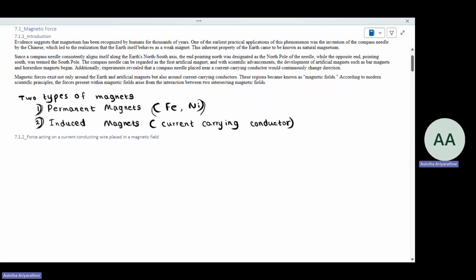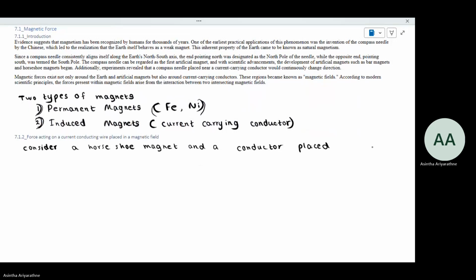So, a horseshoe magnet, actually. Right. Consider a horseshoe magnet and a conductor placed in between this horseshoe magnet.